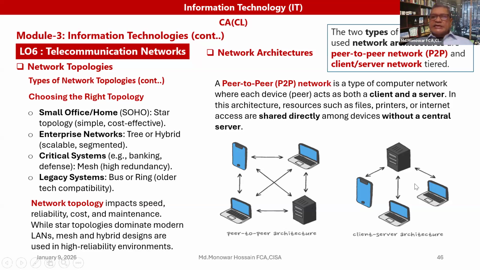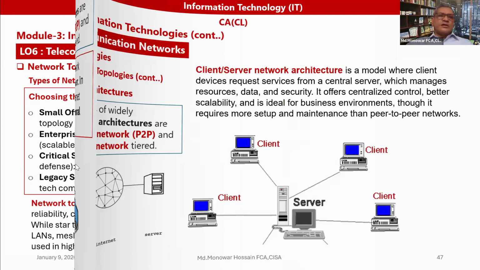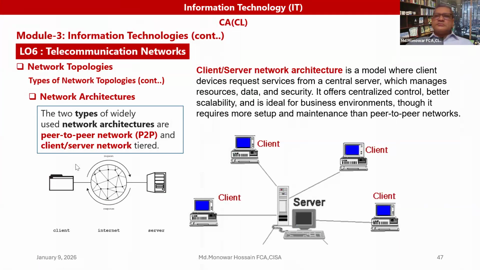And this is the client-server, where one device is declared as a server, and these devices are the clients. Look here, this is the client, the internet, and the server.